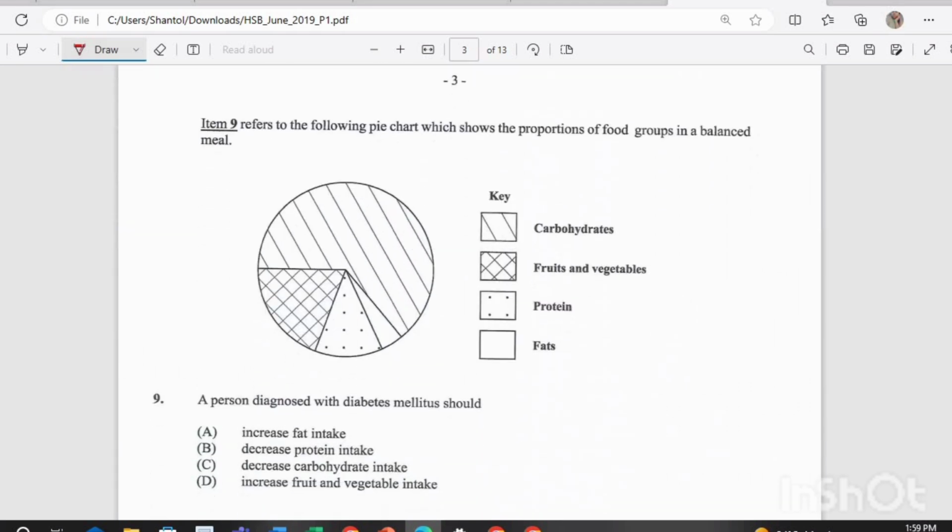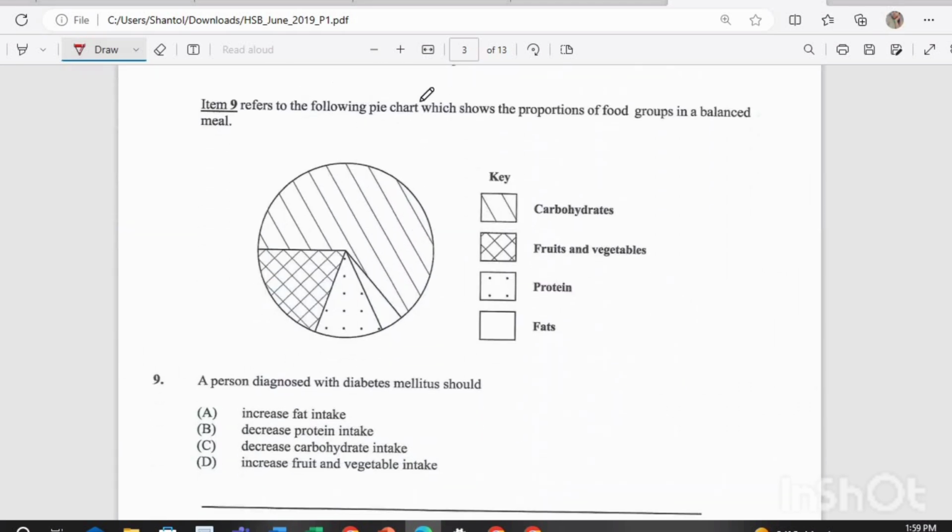Question 9. Item 9 refers to the following pie chart, which shows the proportions of food groups in a balanced meal. We have carbohydrates, fruits, protein, and fats. The question asks, a person diagnosed with diabetes mellitus should A. increase their fat intake, B. decrease their protein intake, C. decrease their carbohydrate intake, or D. increase their fruit and vegetable intake.